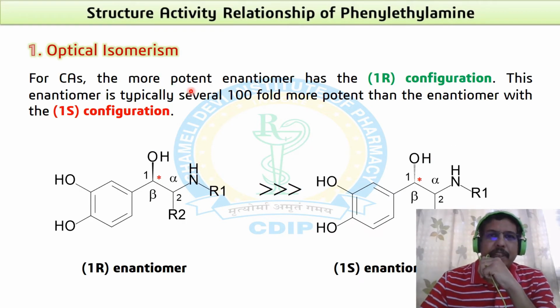The first possibility in the structure is optical isomerism due to the presence of chirality on the beta carbon.